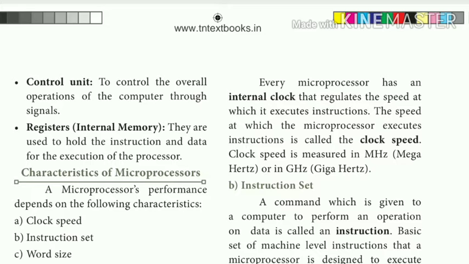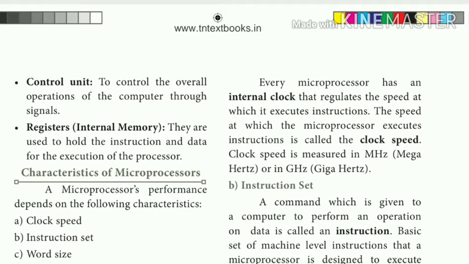Next, it is usually measured in megahertz or gigahertz. Megahertz is a smaller measurement, and gigahertz is a larger measurement. Hertz is named after a scientist who worked on frequency.